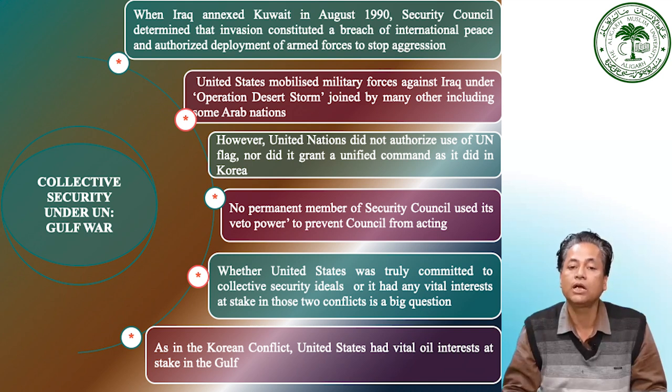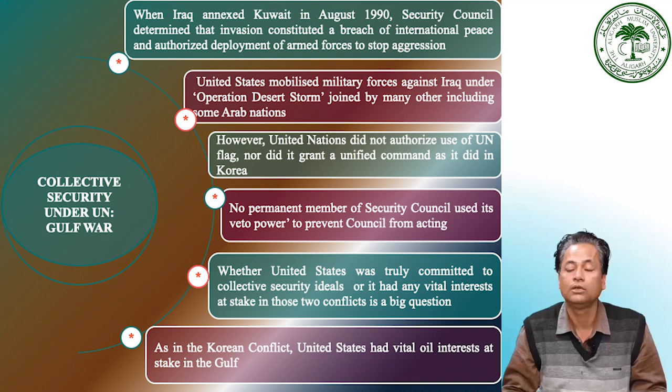Similarly, when Iraq attacked Kuwait, America feared that that would lead to monopoly over the oil resources in the Gulf, and Iraq would be in a position to dictate the supply and prices of the oil, and at that time America was highly dependent on the Gulf oil, and that was the reason that it decided to teach Iraq and Saddam Hussein a lesson and forced Iraq to withdraw its forces from Kuwait.